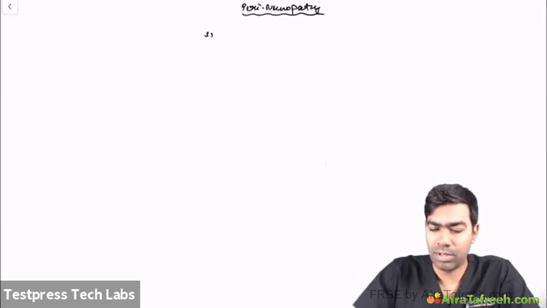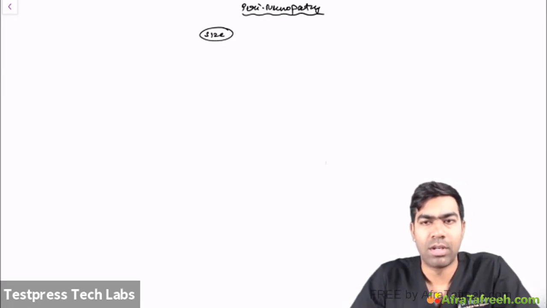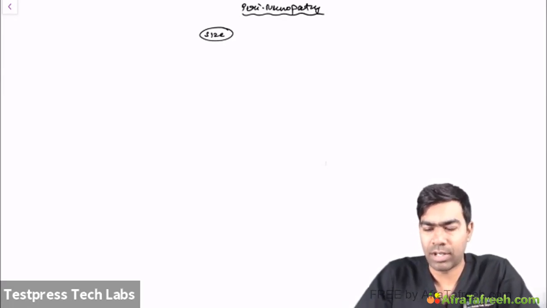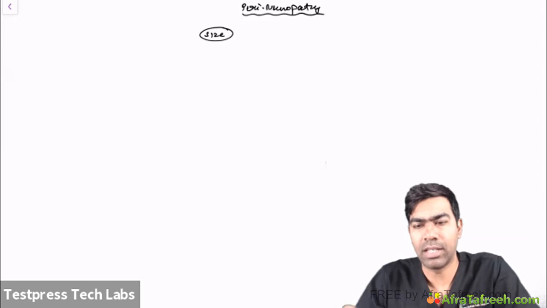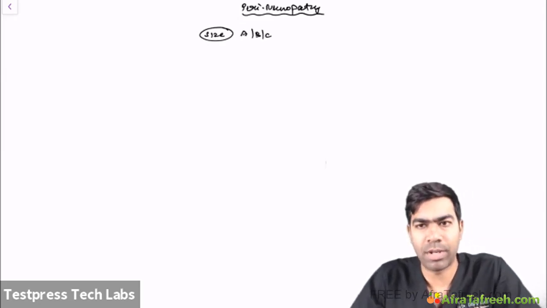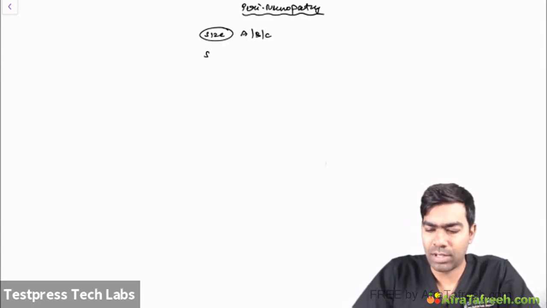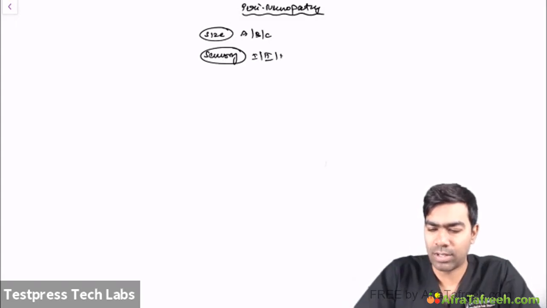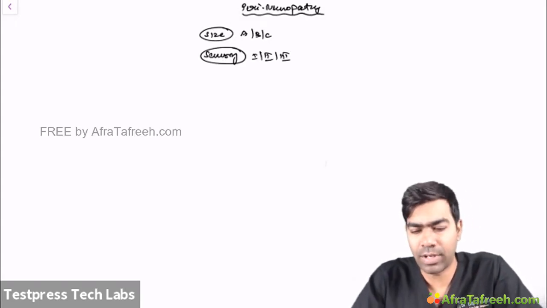Based on the size of the peripheral nerves, you have A, B, and C. And based on the sensation they supply, based on the sensory system, it's classified into 1, 2, and 3. So we have 2 different classification systems.